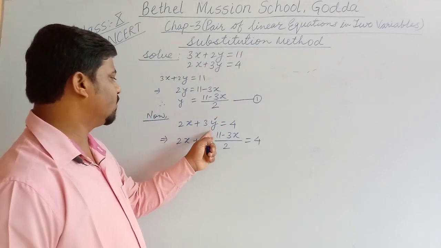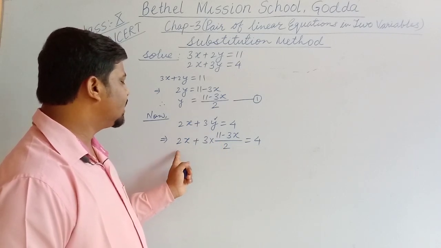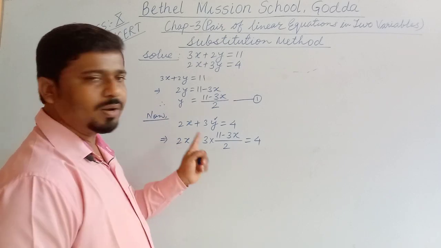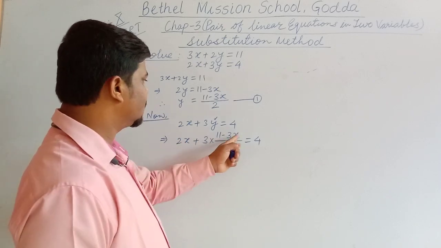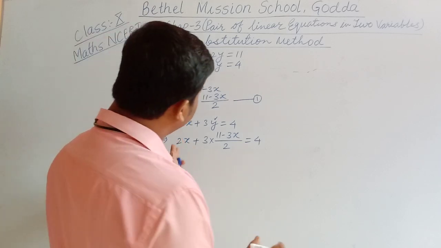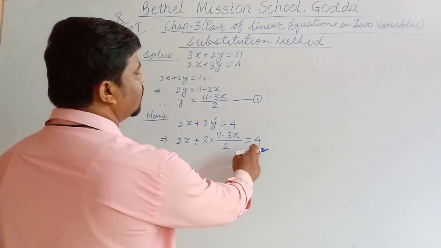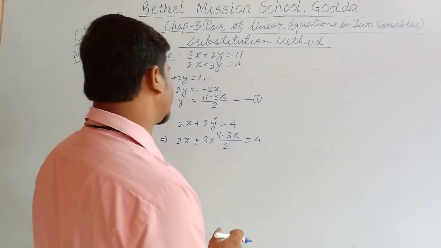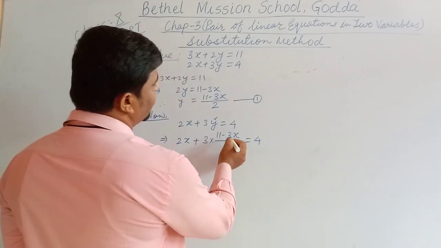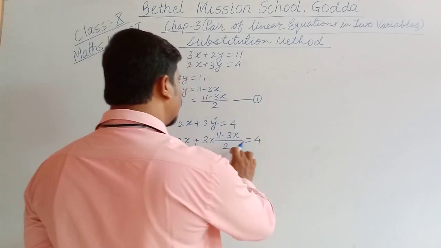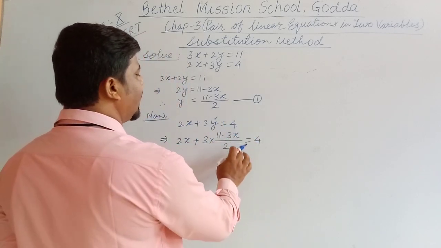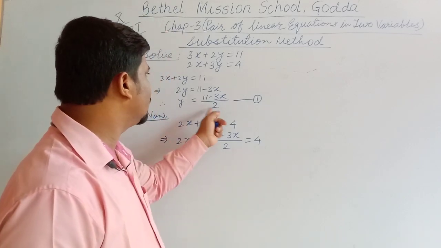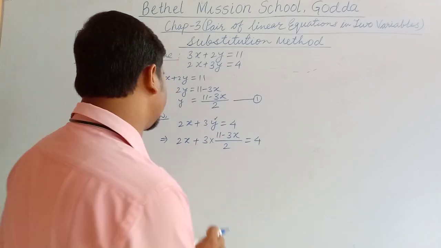When you substitute the value of y, you see the equation has only one variable, x, and then you will get the value of x. That's why we put the value of y here, and because of substituting the value of y, this method is called the substitution method.